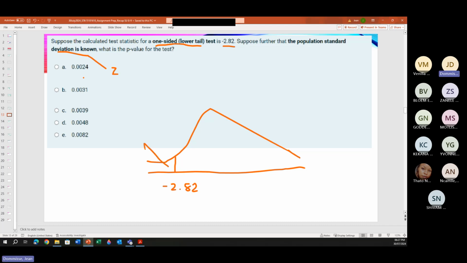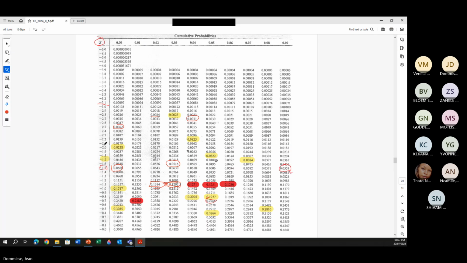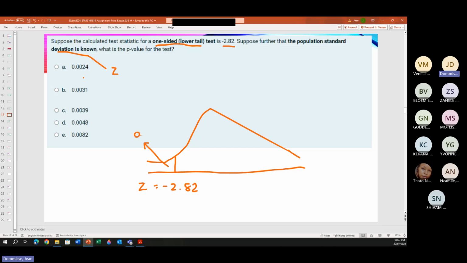So you want to know what is that area. z equal to minus 2.82. That area is 0.0024, which is option A.